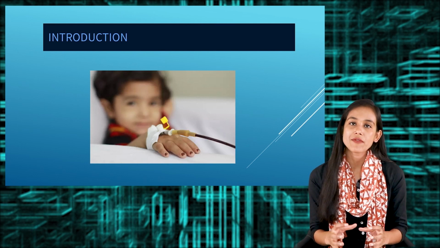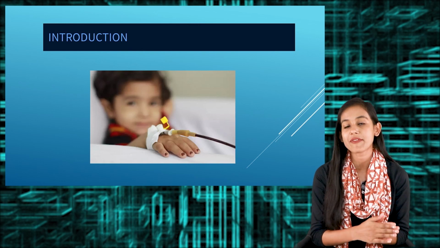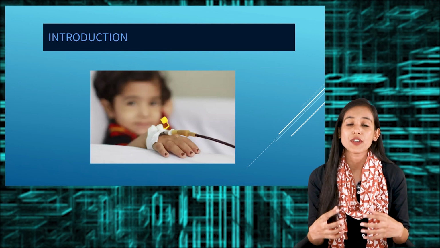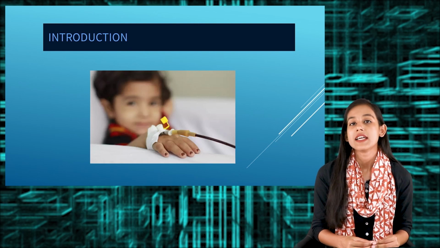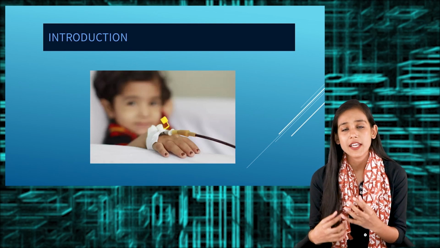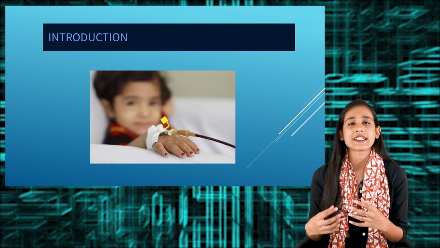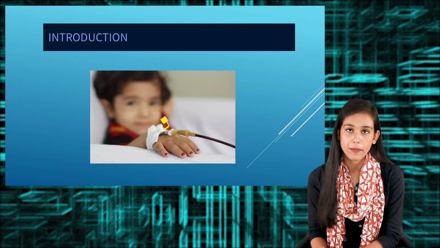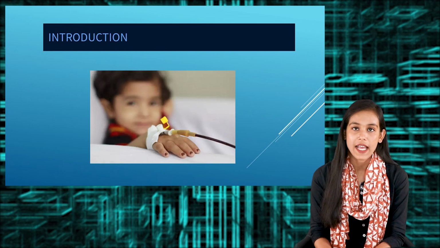So if this hemoglobin is not formed properly, then definitely the RBC would get affected. What happens in thalassemia is that these hemoglobins aren't formed or produced properly.